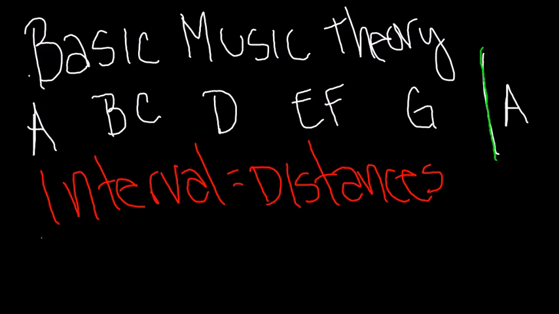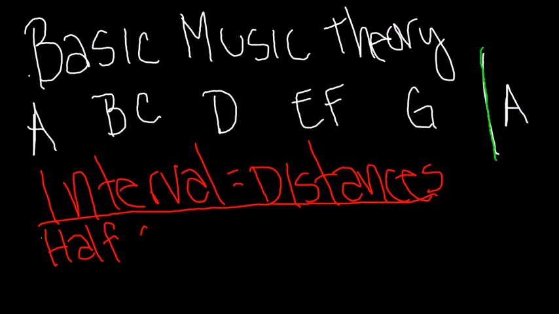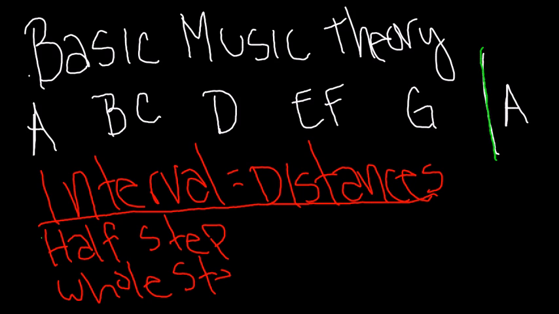There are some basic distances that you really want to familiarize yourselves with. One of those distances is called a half step. The other distance is called a whole step. These are really basic distances that you're going to need.